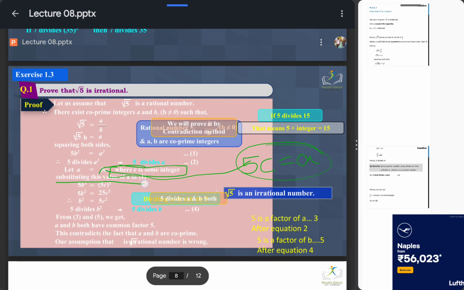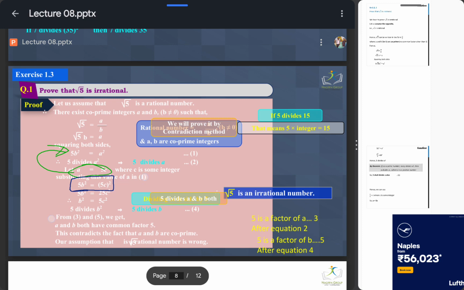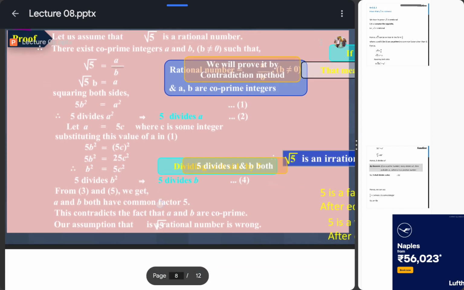Substituting the value of a in equation 1, what is the value of a now? It is 5c. We have a equals 5c, applying this in equation 1. So we get 5b square is equal to 5c whole square.